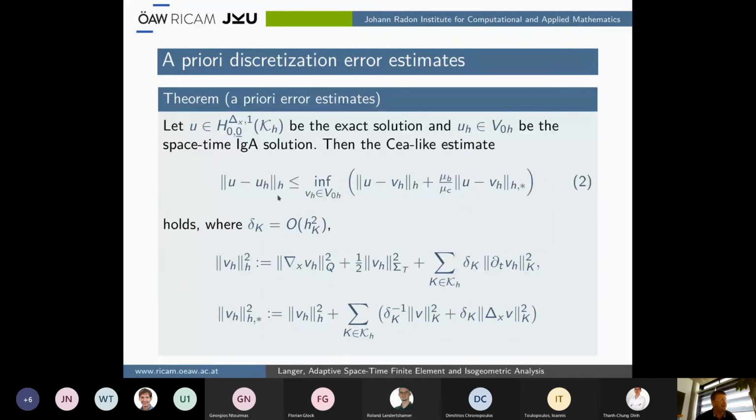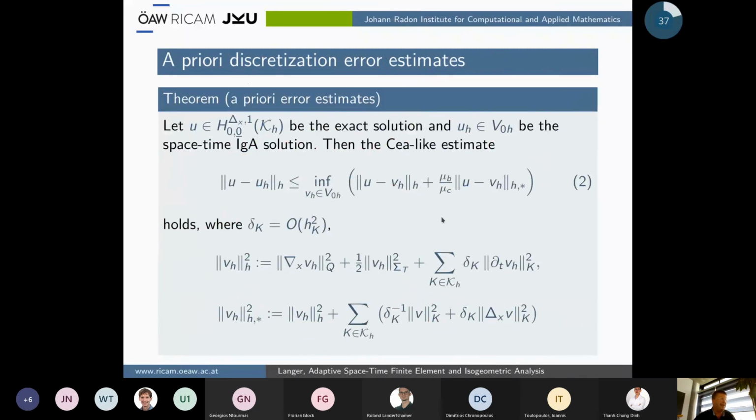We want, as mathematicians, to be sure that the whole thing converges. I estimate the norm of the error, u minus u_h, u is unknown, by the best approximation error in these norms. So then from this, you can usually derive an a priori estimate, like it converges like h to some power.